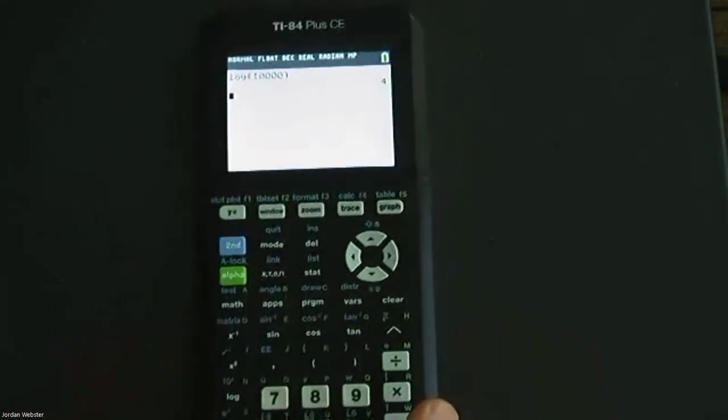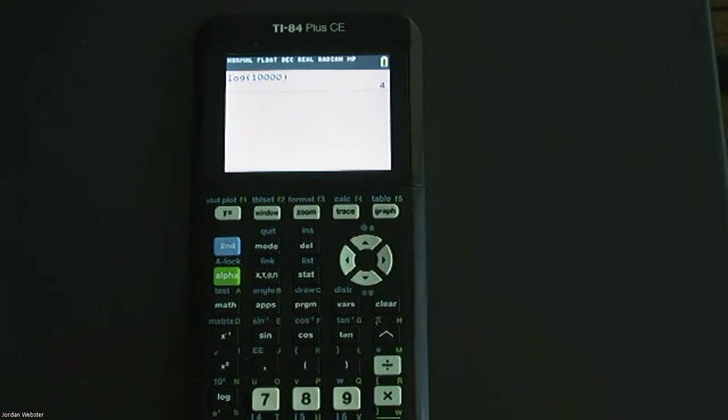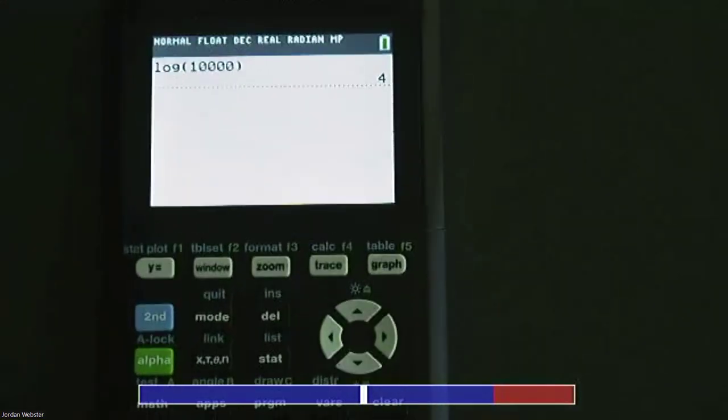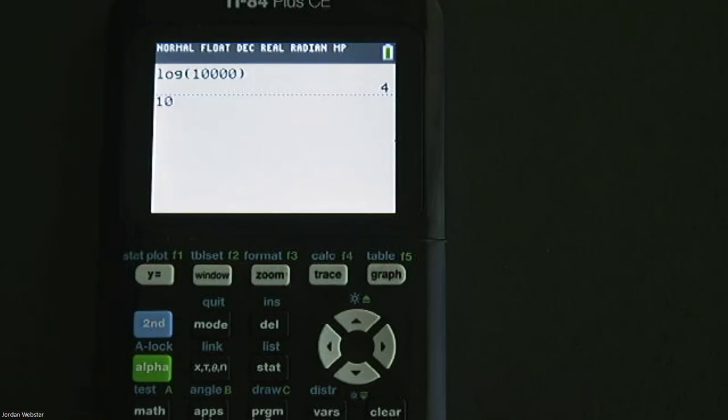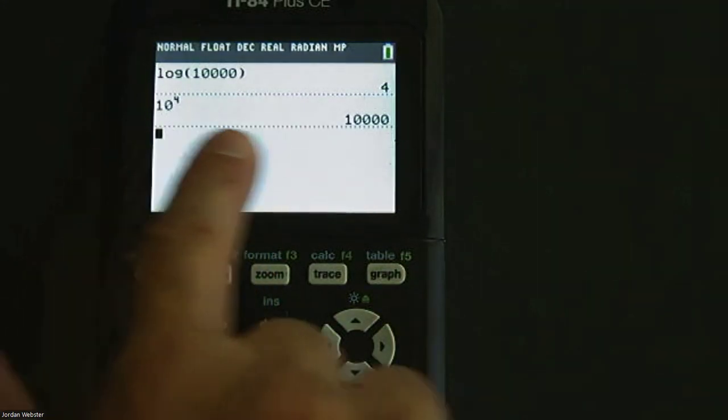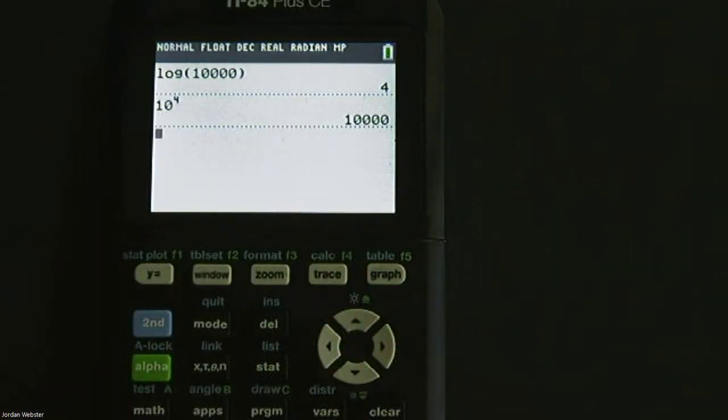You'll notice that this gives me a 4, which should make sense because what we're saying is that 10 to the 4th power is equal to 10,000. That's the exponential equivalent to that statement.